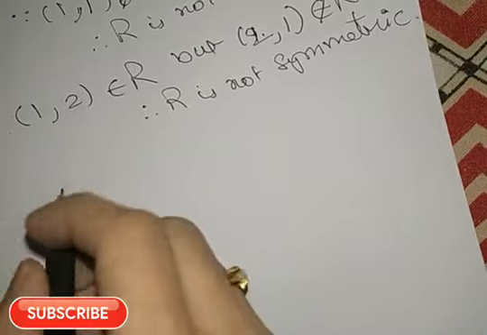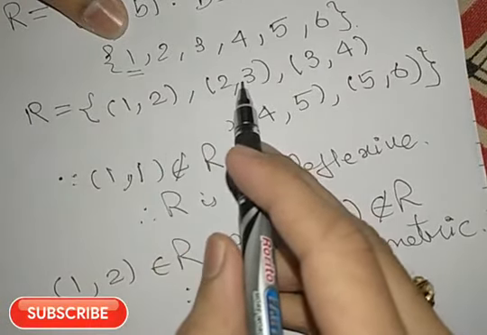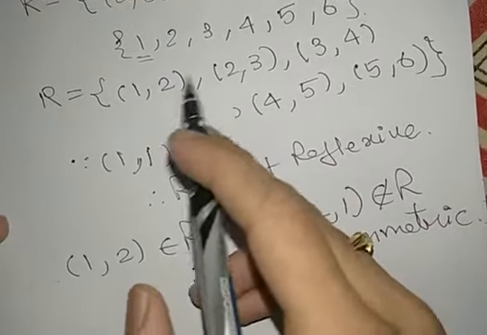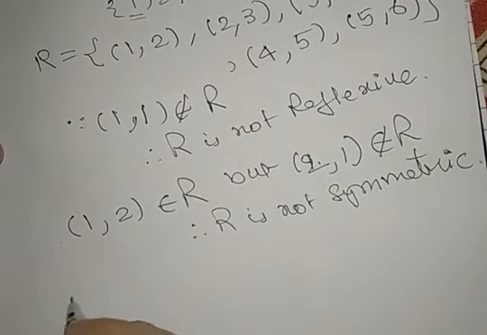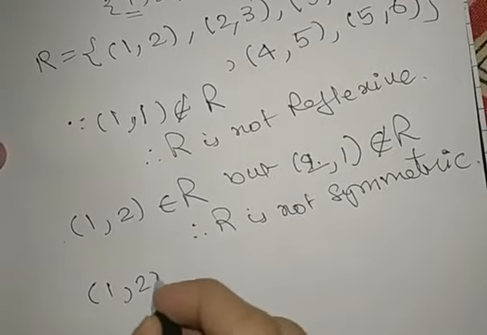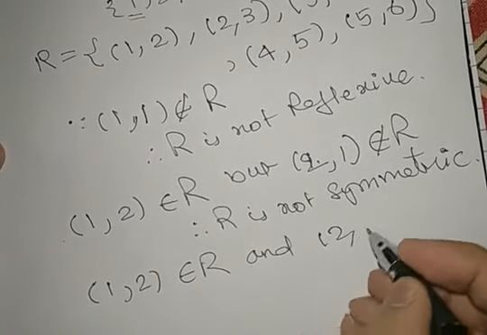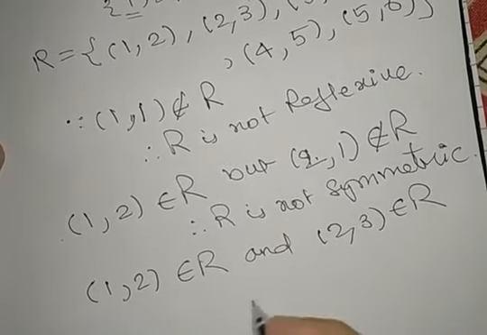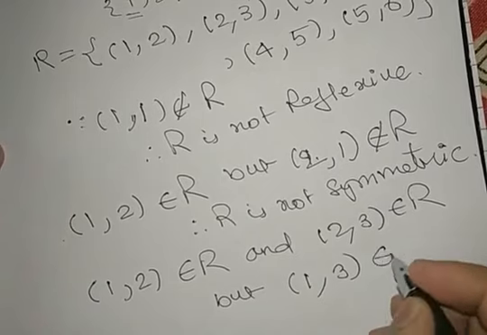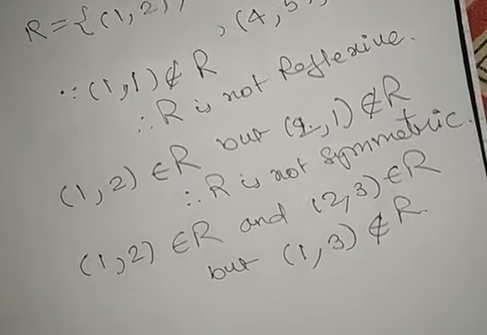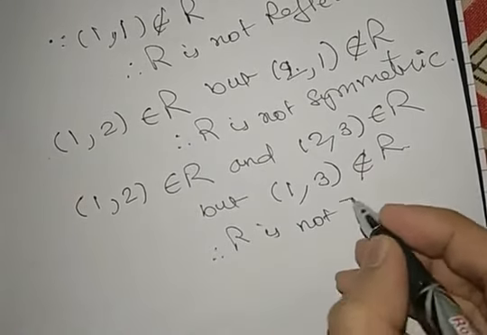And if you take one element, that is 1 comma 2, and second element 2 comma 3, you see that 1 comma 3 is not in the set R. So 1 comma 2 belongs to R and 2 comma 3 belongs to R, but 1 comma 3 doesn't belong to the set R. So therefore R is not transitive.